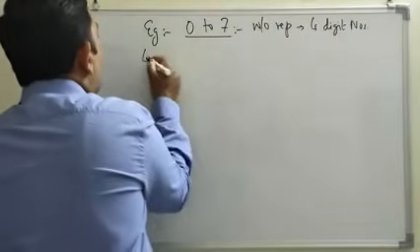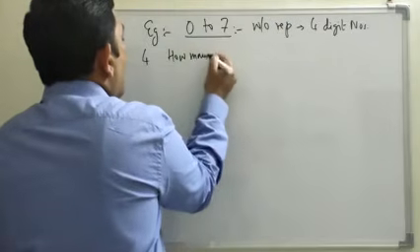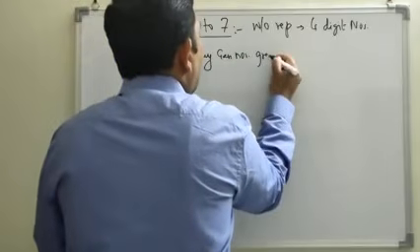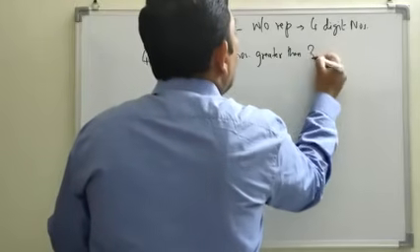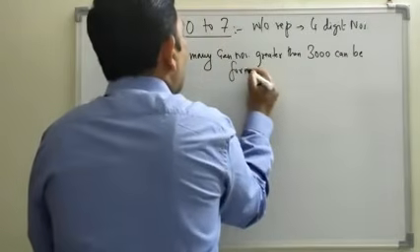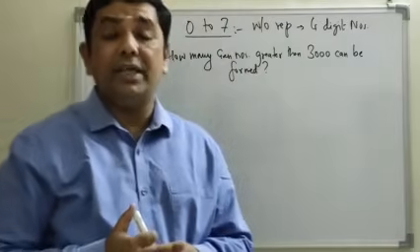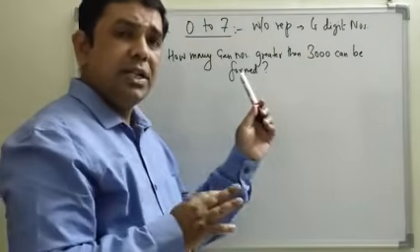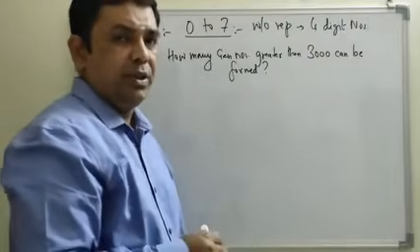Now, the fourth question is, how many even numbers greater than 3000 can be formed? Alright? How many even numbers greater than 3000 can be formed? All the other conditions remain the same, 0 to 7, without repetition, 4-digit numbers, right?